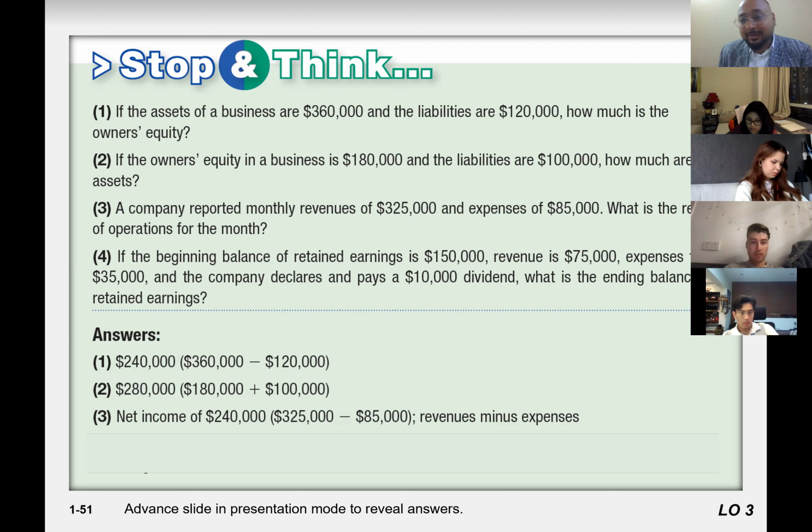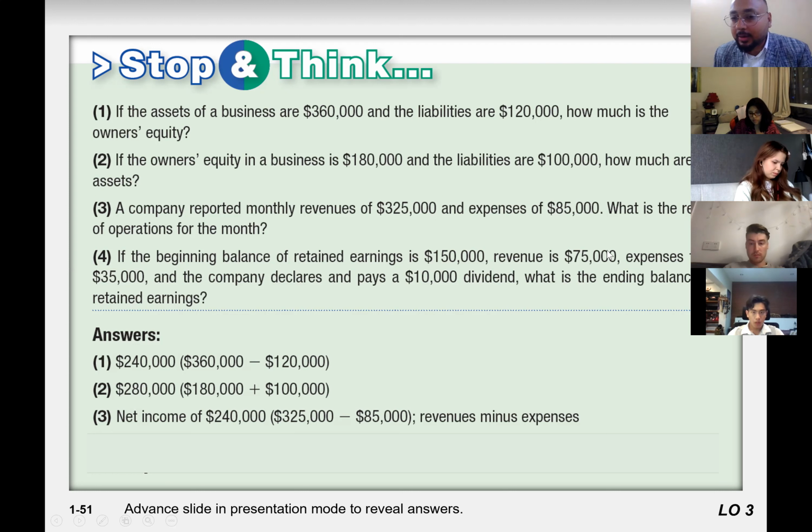Number 4, if the beginning balance of retained earnings is 150,000. See, beginning balance means that in previous years this much accumulated income was not distributed to the owners, but rather retained by the business. Okay, this year what happened?